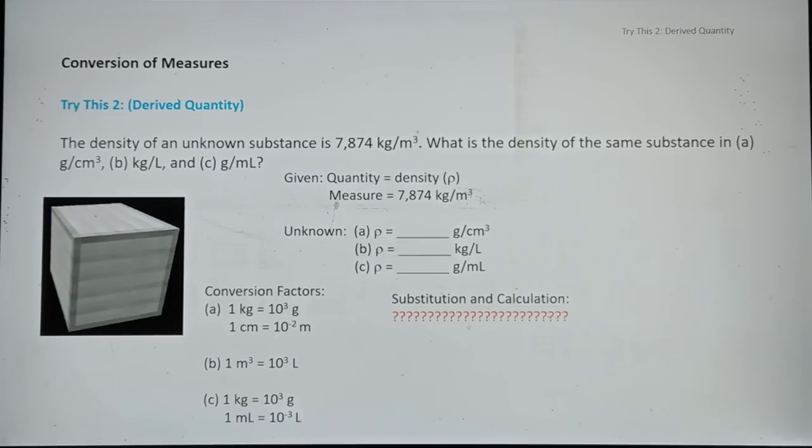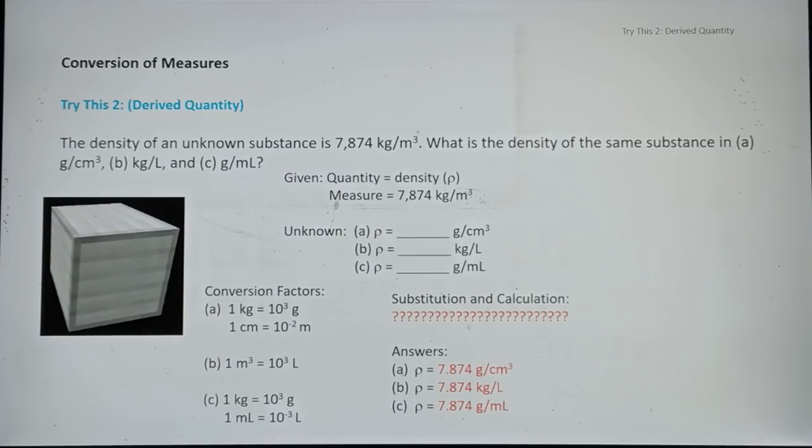In letter A, the density is equal to 7.874 grams per cubic centimeter. Letter B, the density is 7.874 kilograms per liter. Letter C, density equals 7.874 grams per milliliter.